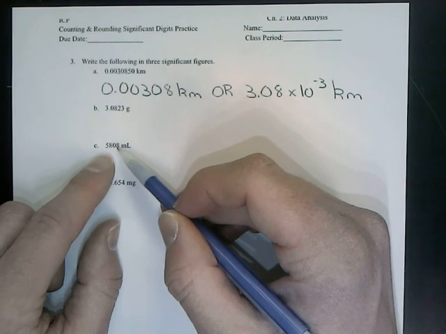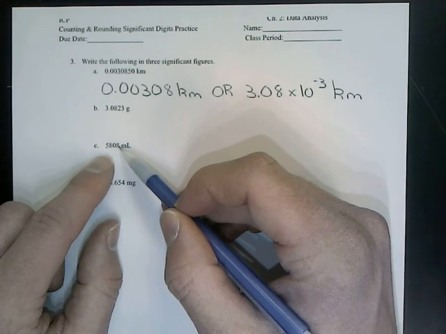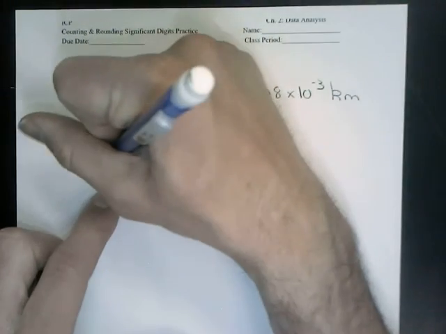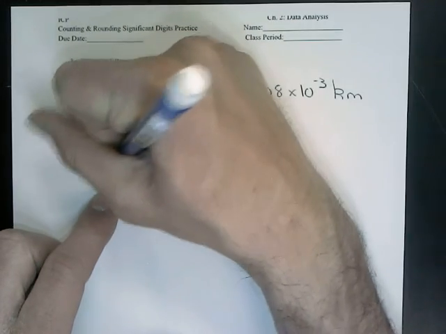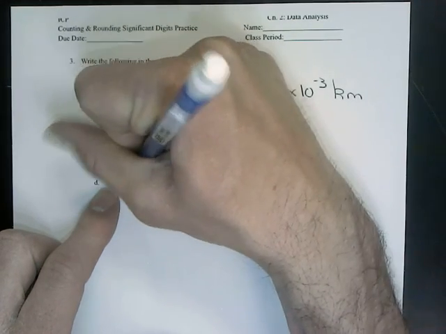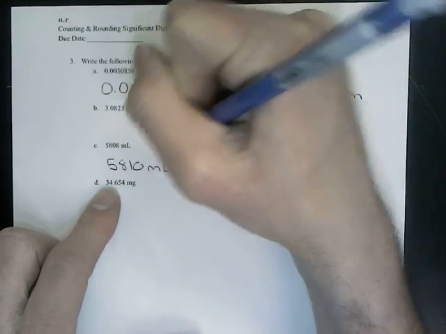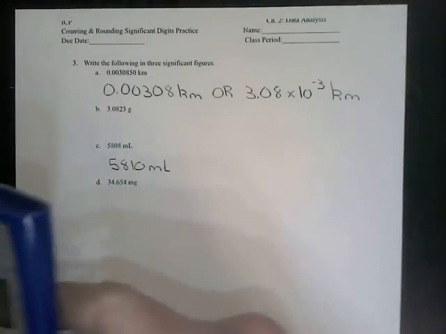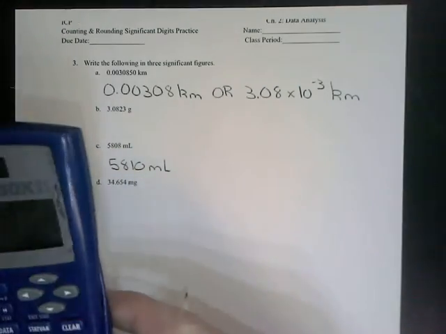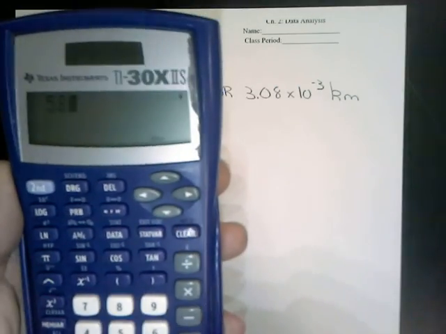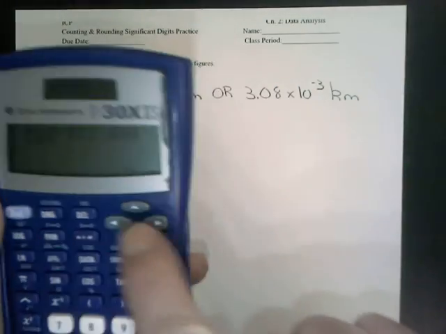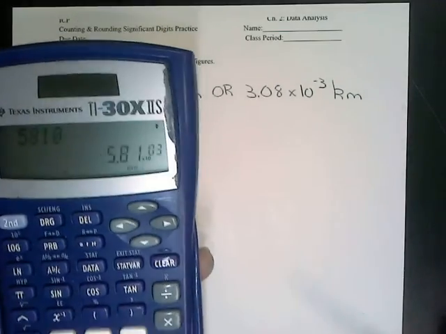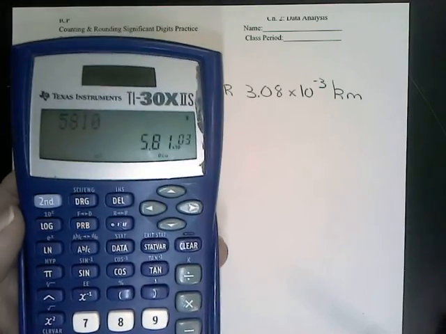The digit to the right determines if we round it. Well, it's greater than 5, so that rounds up. So this would equal 5010 milliliters. Or again, if you want to express this in scientific notation, 5810 expressed in scientific notation would be 5.81 times 10 to the third milliliters.